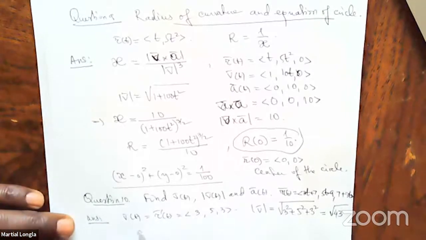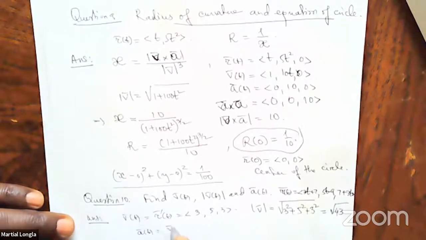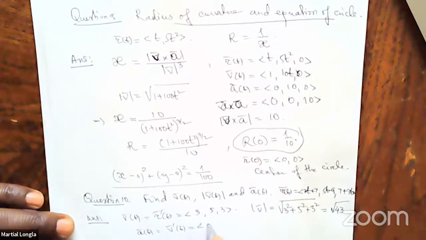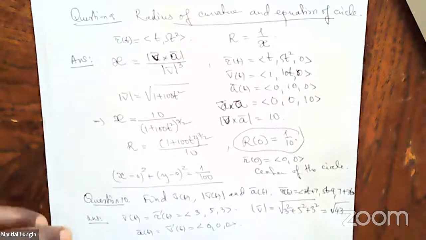And the acceleration is a of t, the derivative of v, and in this case, that's 0, 0, 0. That's it.